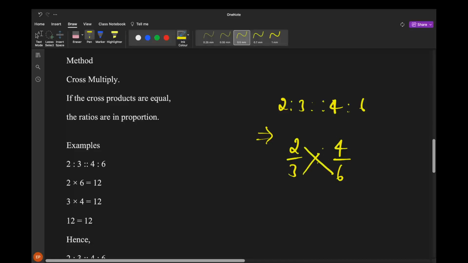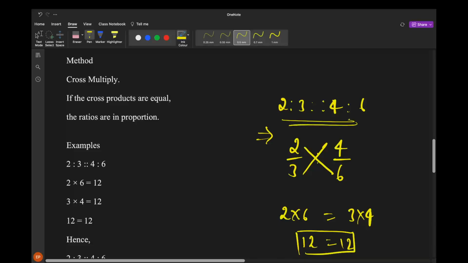Cross multiply: 2 into 6, 3 into 4, which gives 2 6s are 12, 3 4s are 12, meaning the given ratios are in proportion. This ratio and this ratio are both in proportion, right?